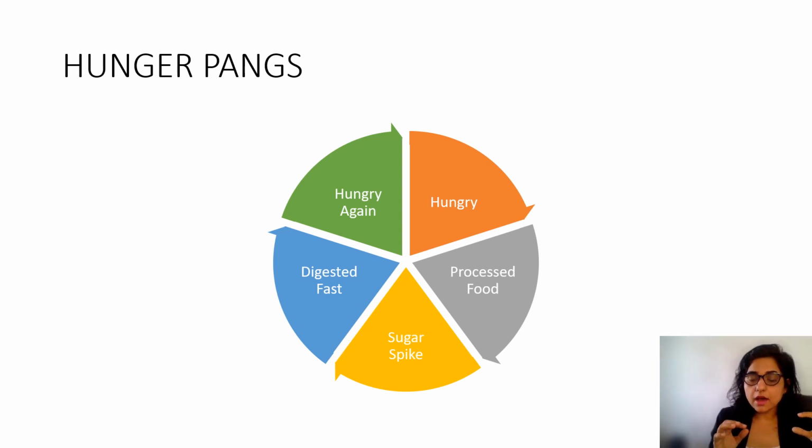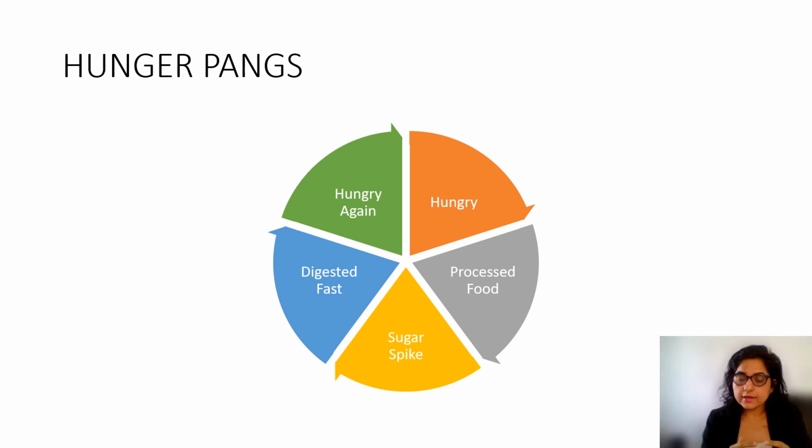But what happens in half an hour, 1 hour? The food has been digested, the intestine is again asking for more, the stomach is asking for more, and we feel hungry again. And if we keep on going in this circle of making the choice of processed foods, we will feel full for a short time, we'll get hungry again. We'll eat more, we'll have more calories, but we will be hungry again. And that's how the cycle continues.